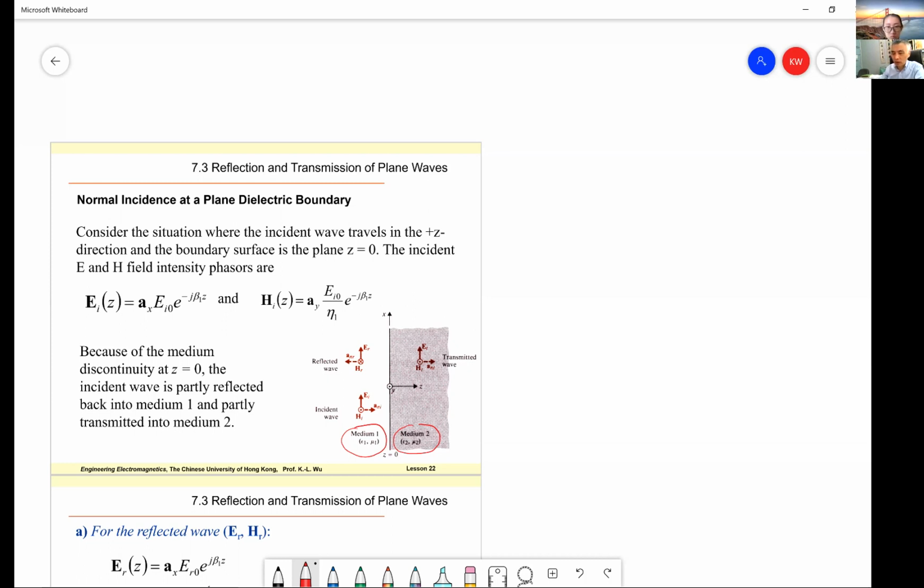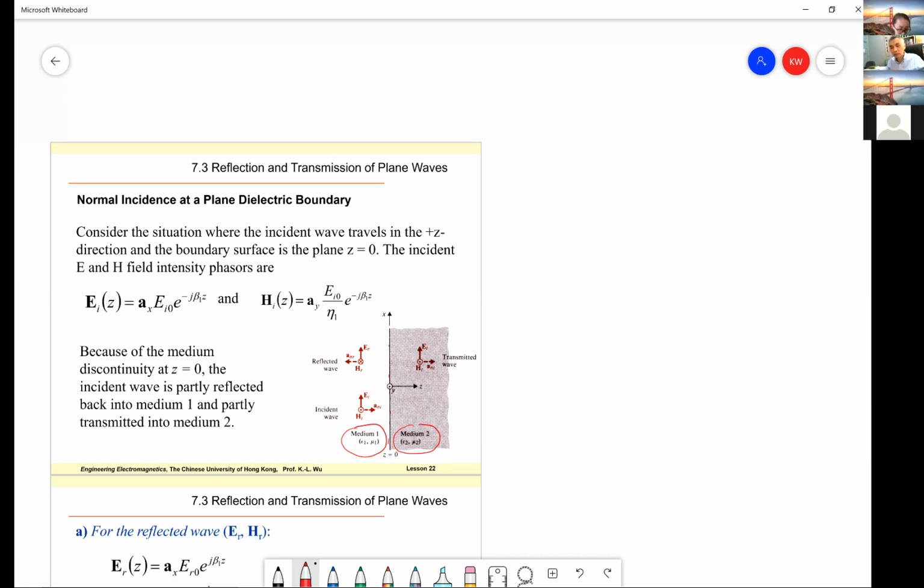We assume the electromagnetic wave comes from infinite left, propagating toward the right, in the z direction, and hits on the interface. Okay, this is the interface.